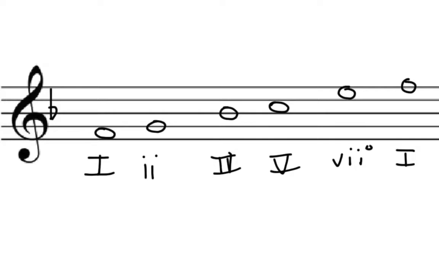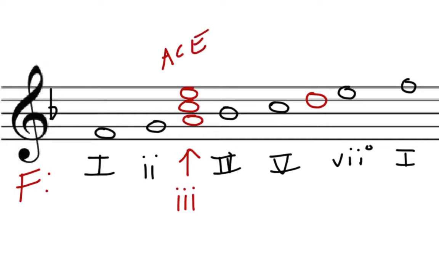So all we need to do to fill in the missing steps of the scale is complete 3 and 6, and we'll have our whole scale. It turns out the mediant triad in a major key is a minor triad, and I'm using the key of F major here. So it's spelled A-C-E, that's a minor triad.